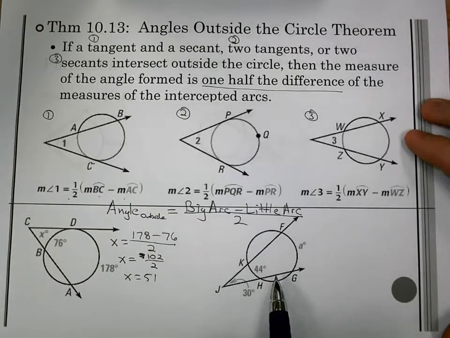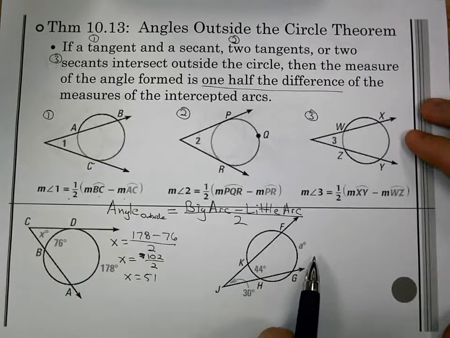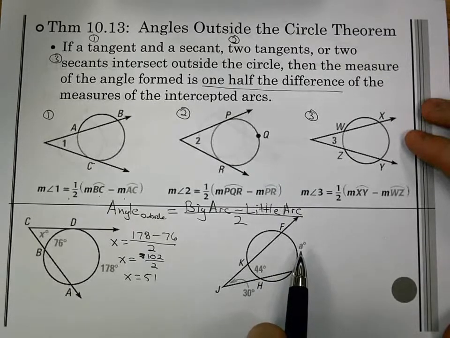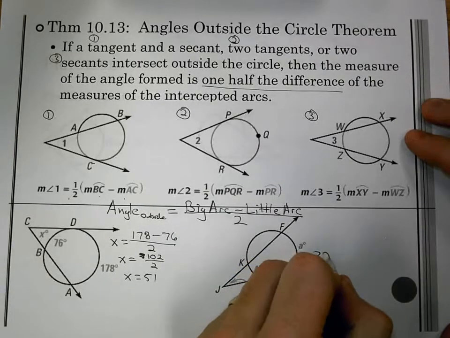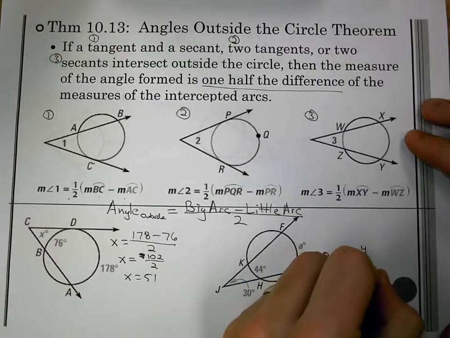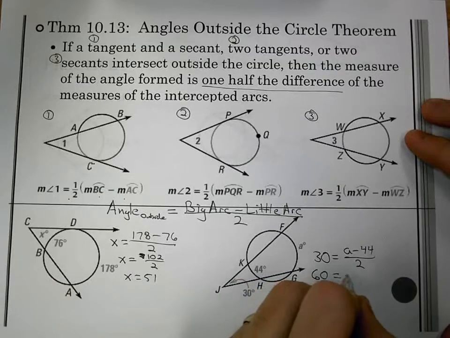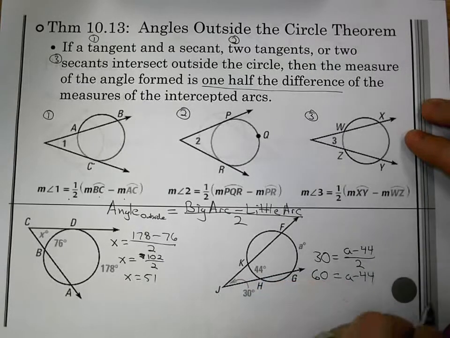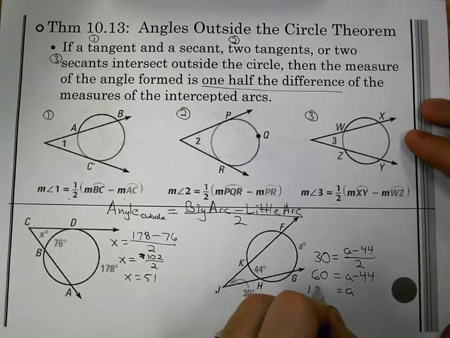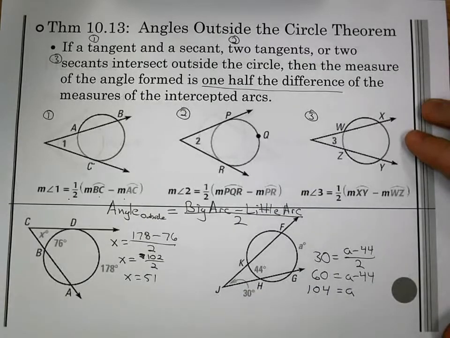Now, this one we have to be careful because some students tend to pick 44 as the big arc. It's not. We can clearly see A is the big arc. Keep in mind the bigger arc is always further from the angle. But we get 30 equals A minus 44 divided by 2. That becomes 60 equals A minus 44. I then add 44 and I get 104 is equal to A.